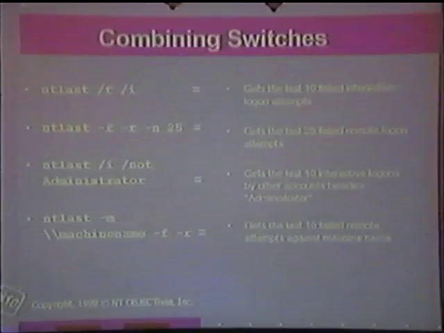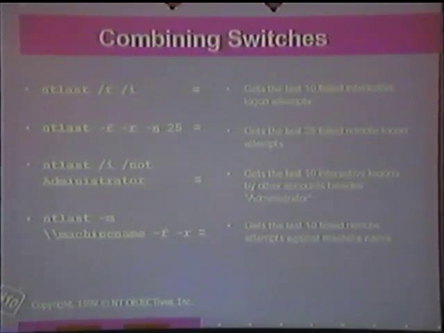Okay, here's a little bit about setting it up. These are some of the switches. If you run this at the command line, NTLast -F -I grabs the last 10 logon failures interactively.